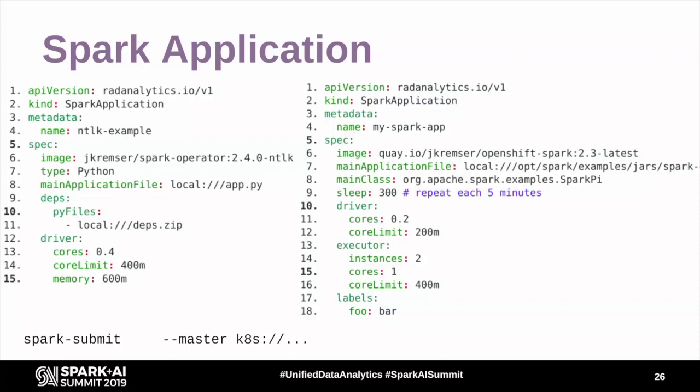The previous example was spawning Spark in standalone mode on a Kubernetes cluster, while this uses Kubernetes natively as a scheduler. It's a new feature from Spark 2.3, I think. And on the right-hand side, there is an example that's basically running the Hello World in Spark, SparkPy.